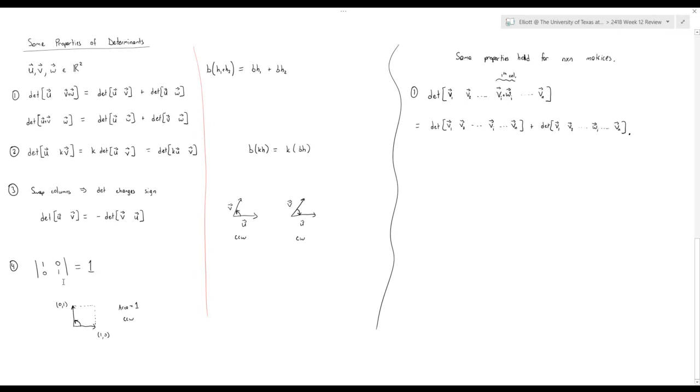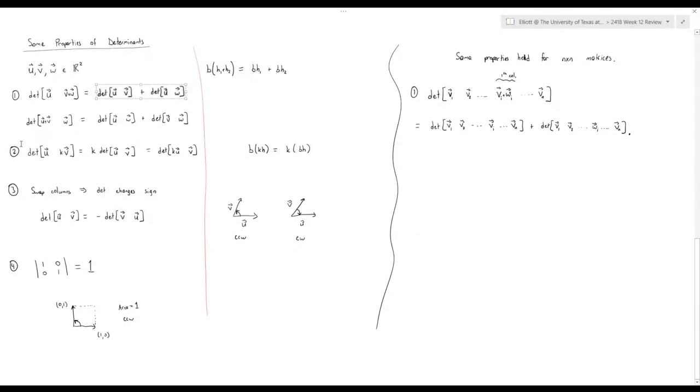So these properties are all motivated by the geometric property of the determinant. I talked about how this property comes from the idea that if the height is the sum of these two vectors, the overall area is the sum of these two areas with heights v and w.